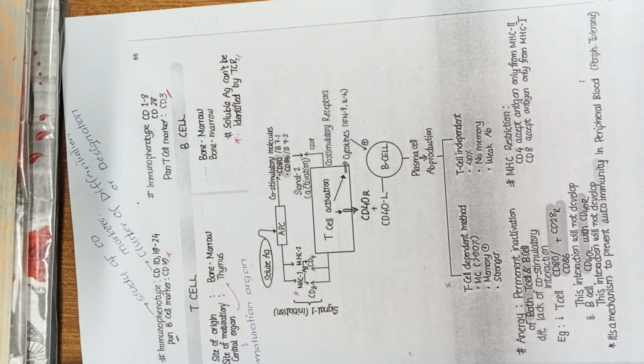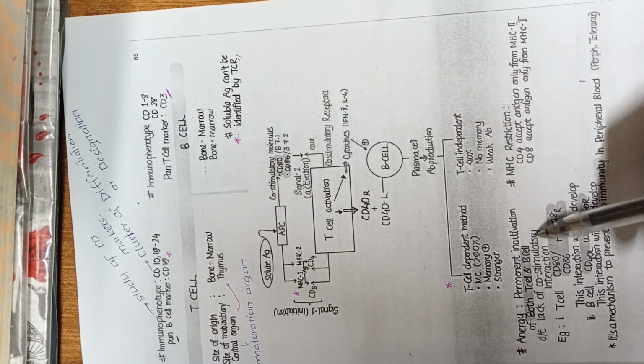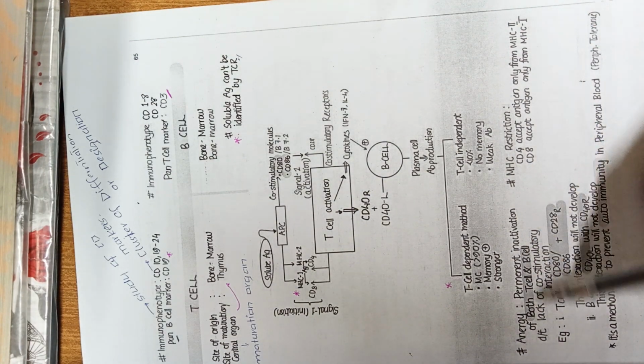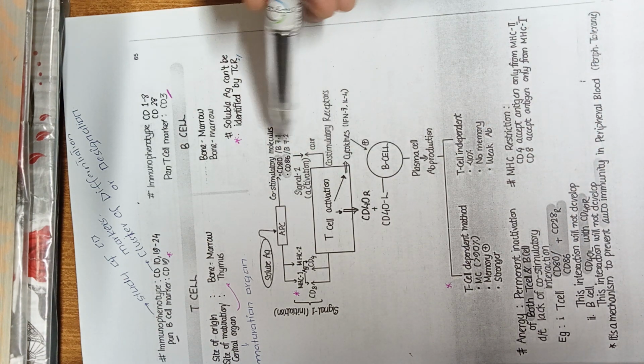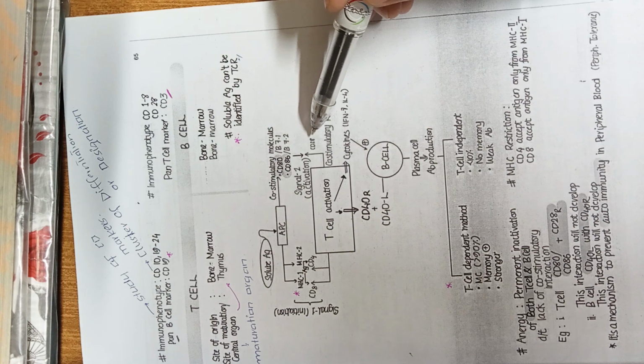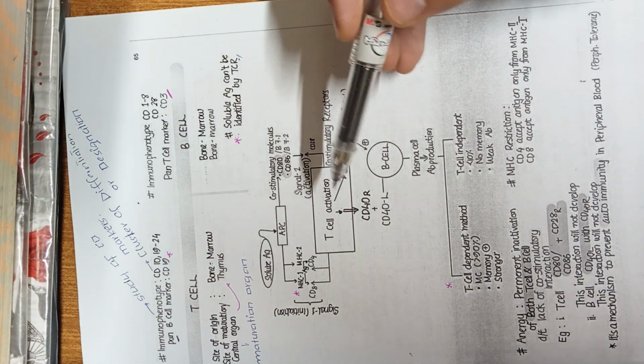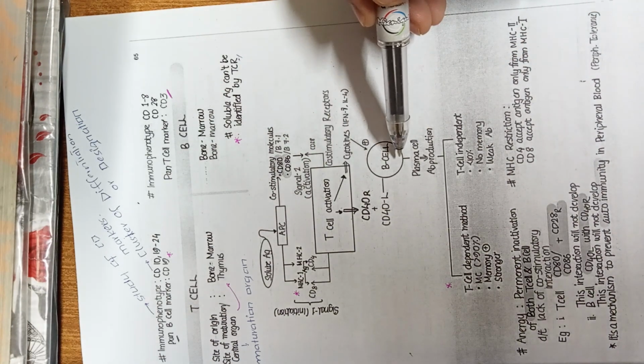Anergy is permanent inactivation of both T cell and B cell. I have discussed permanent inactivation of both T cell and B cell due to lack of co-stimulatory signal. When this signal does not interact with this receptor, there will be permanent inactivation of T cell and B cell.